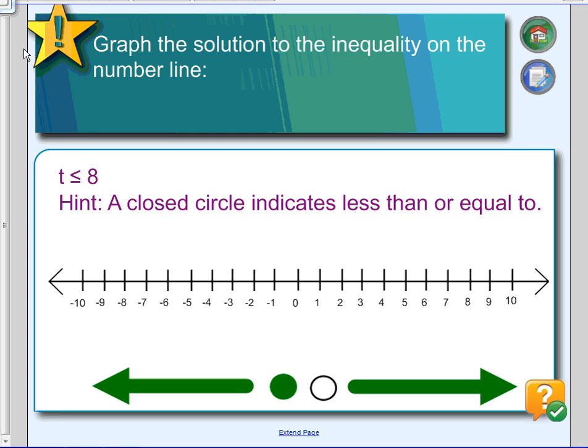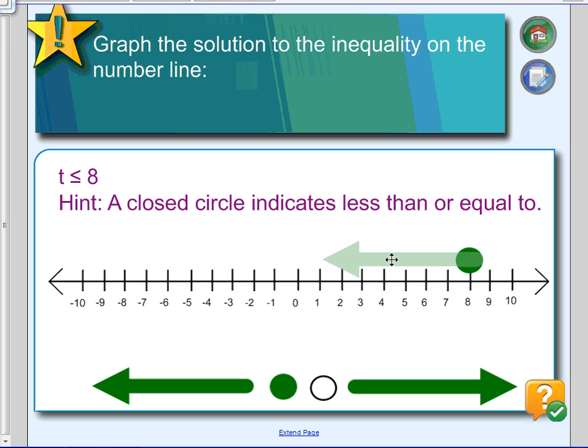Alright, so the first thing we're going to talk about is how to graph the solutions to inequalities on number lines, okay? So we have t is less than or equal to 8. Now, when you have a less than or equal to or a greater than or equal to, your circle will be closed. So we're going to put our closed circle on 8, and then we want to talk about all of the numbers that are less than or equal to 8.